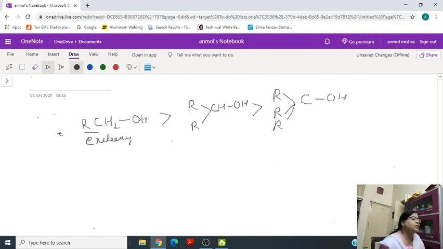So the polarity of this OH bond decreases, due to which the liberation of proton is easy, you can say. So the primary alcohol is better acidic than secondary and then tertiary.